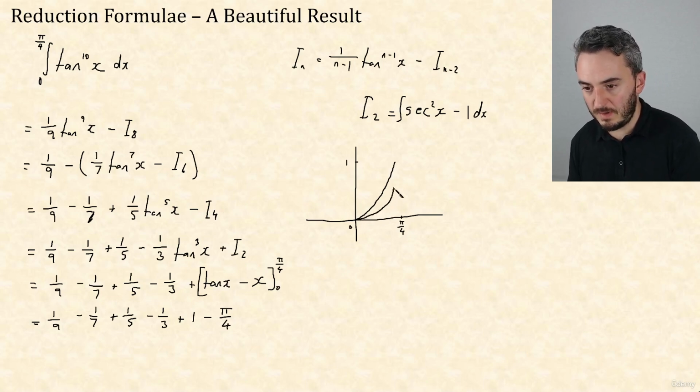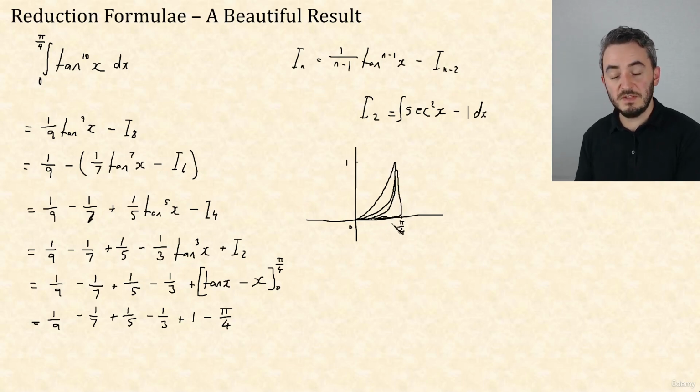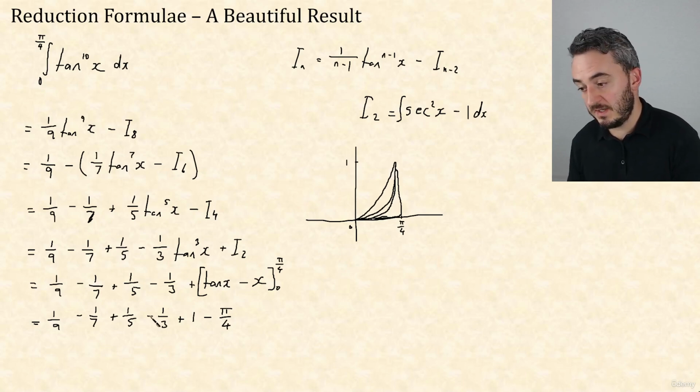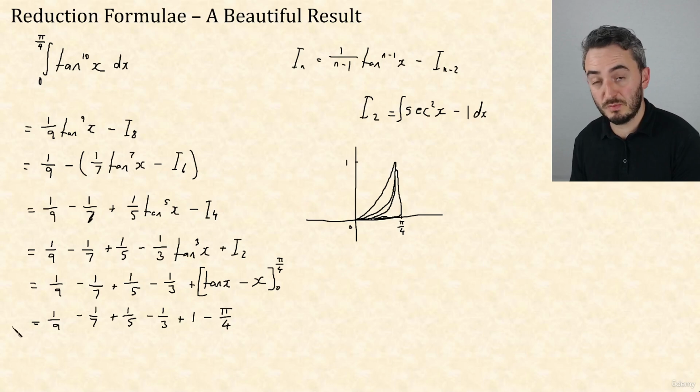So tan squared x might look like this, and tan to the 4x might look like this, and tan to the million x might look effectively like that. Now, what's the area under that graph as the power approaches infinity? The area approaches 0. That tells us that this, if we continue the fractions going that way, is approaching 0.